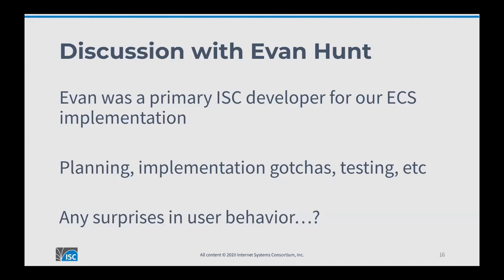In terms of BIND, GeoIP is related to authoritative queries. And to explain what it is, in case anybody doesn't know, it's a database of IP addresses or networks, subnets, with geographical information associated with them, and things like AS numbers or corporate identity.